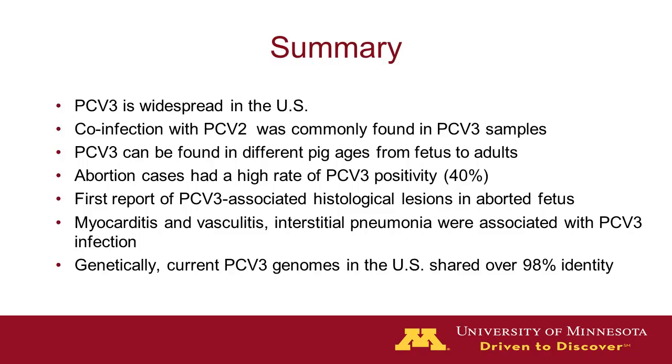And we have one case report of PCV3-associated histological lesions in the aborted fetus lung. The lesions like myocarditis, vasculitis, and interstitial pneumonia were associated with PCV3 infections. And genetically, current PCV3 genomes in the US share over 98% identity.